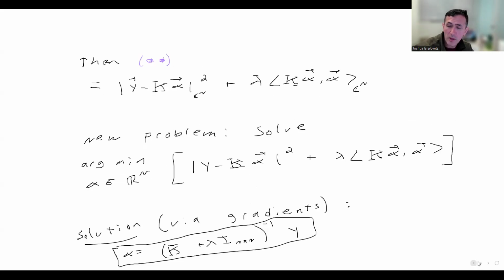Two, as I mentioned, for any big N, this here is equal to the norm squared of F, where F is just the following.